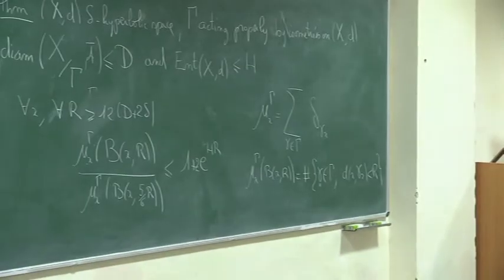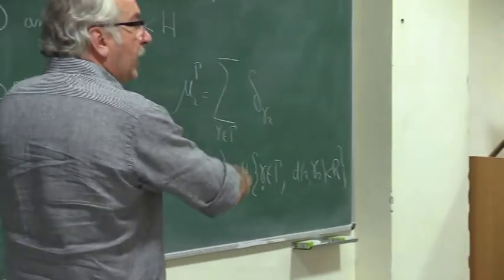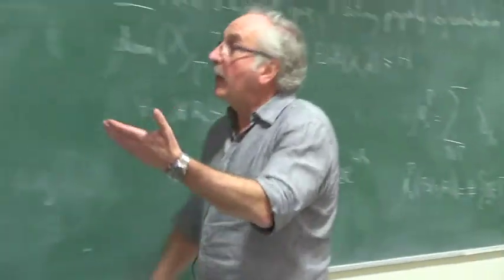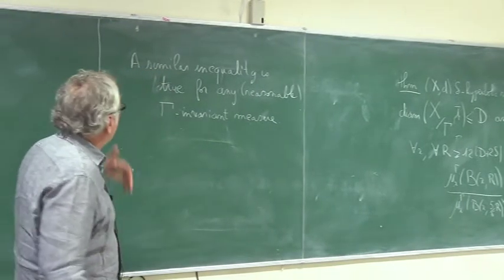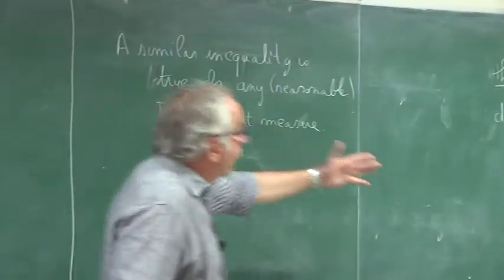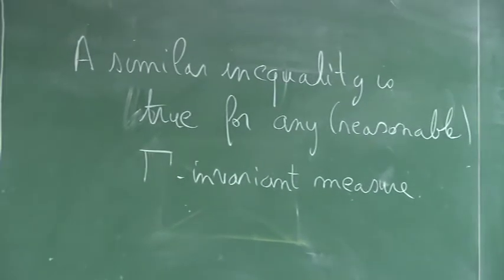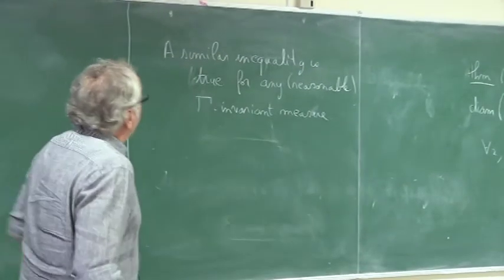The one nice feature about this object is that it is invariant by the action of gamma, of course, since we sum over all gammas. And now you might ask what happens if we take any gamma invariant measure. So a similar result is true. Similar means that the constant might be different, but the spirit is the same. And I don't want to state this.